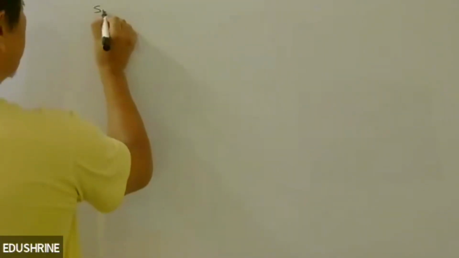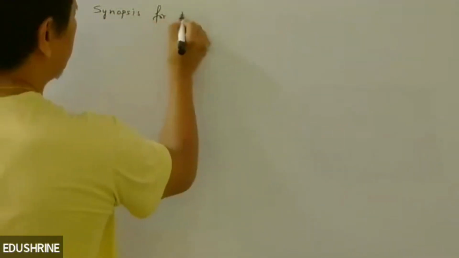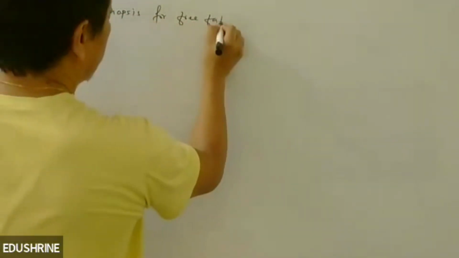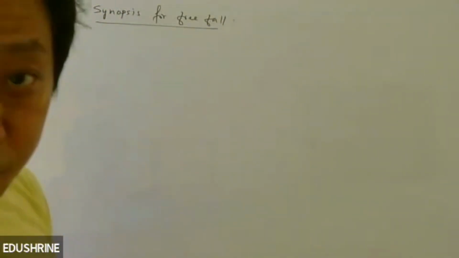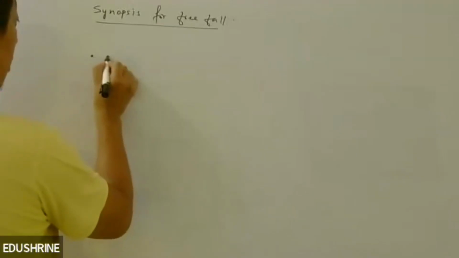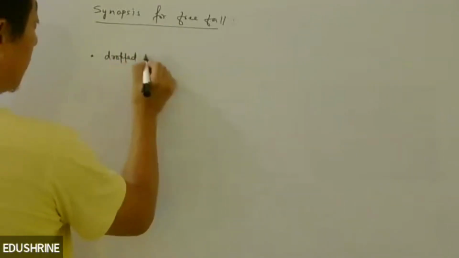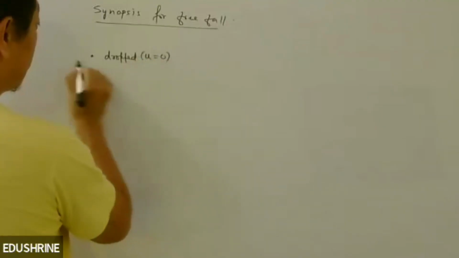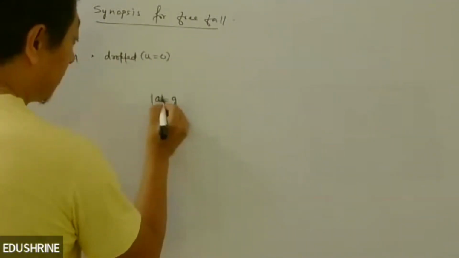Now let me give you some synopsis for free fall. In free fall, we will study two cases basically. One is a body is dropped and initial velocity is 0. Acceleration is g, magnitude.